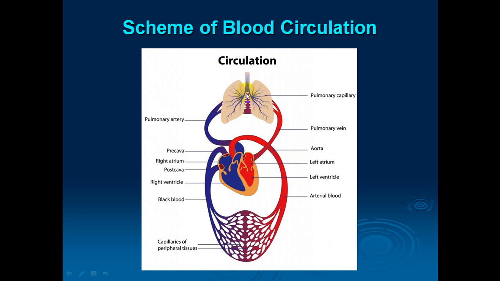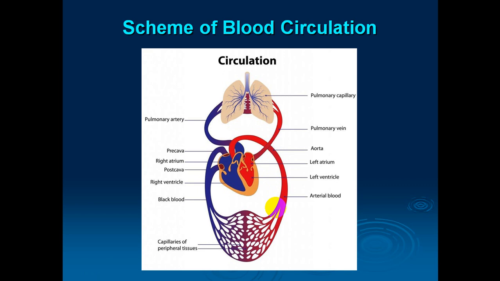Then the blood that is rich in oxygen will flow back from the lung to the heart, and then this oxygen-rich blood will be circulated to the whole body, circulated systemically. That's a closed circuit.